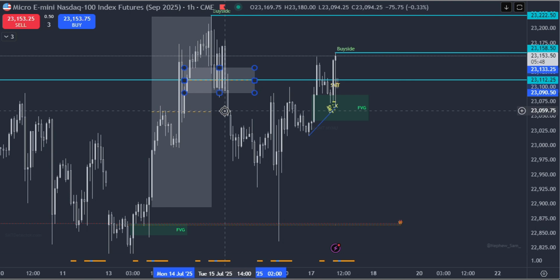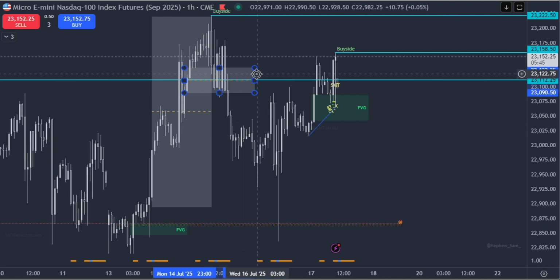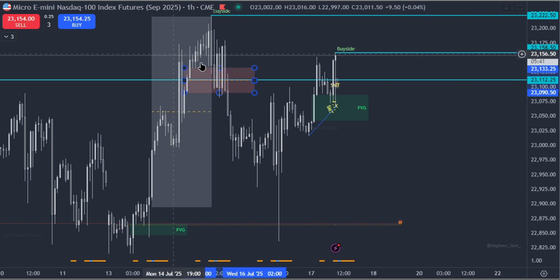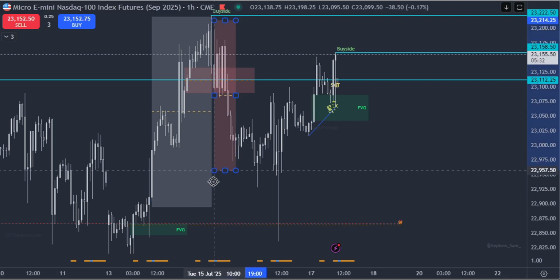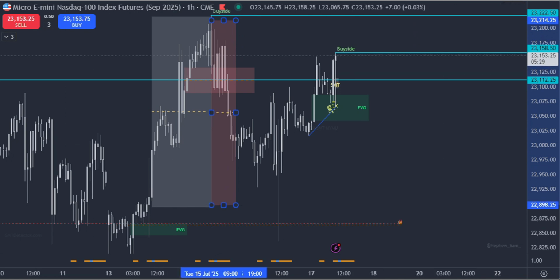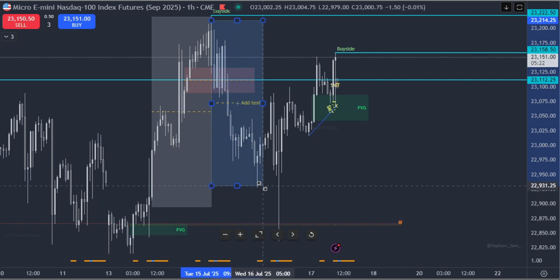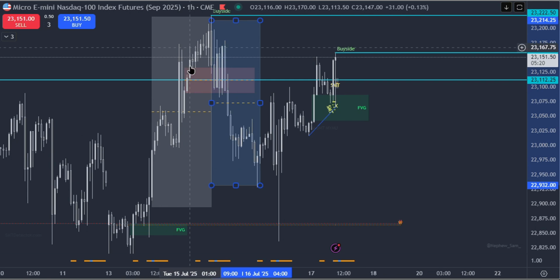You see how these candles here start closing bearish. You see this candle here, it closed bearish. All of this here is disrespecting everything on this side.